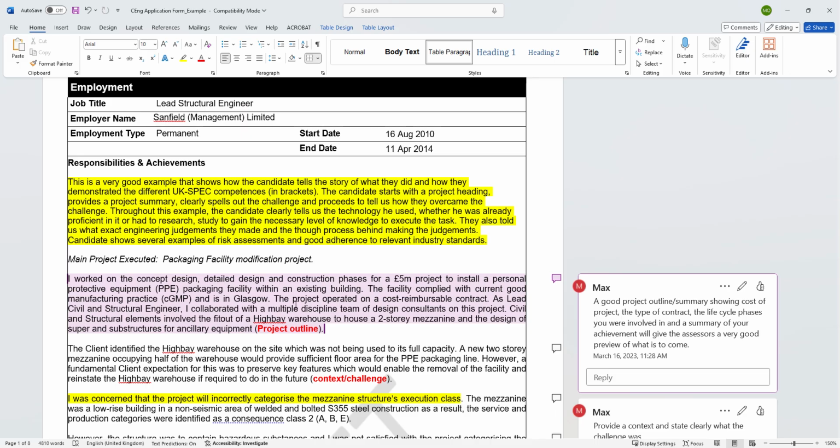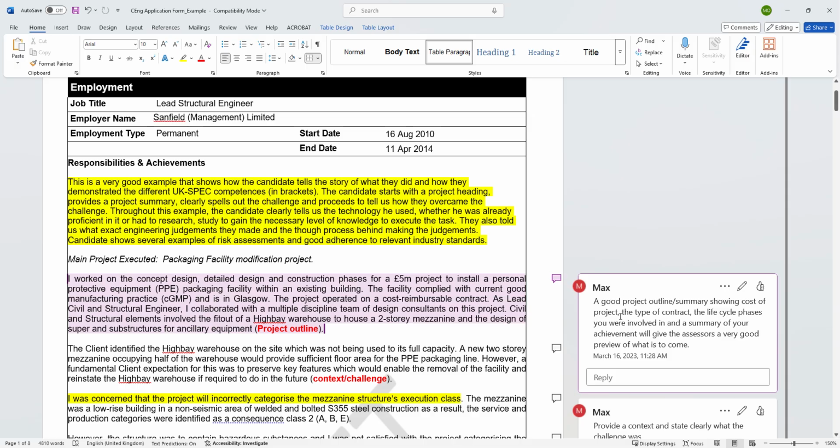The project operated on a cost reimbursable contract, and as lead civil and structural engineer, I collaborated with a multiple discipline team of design consultants on this project. Civil and structural elements involved the fit out of a high bay warehouse to house a 2-story mezzanine and the design of super and substructures for ancillary equipment. Now, what's the comment here?